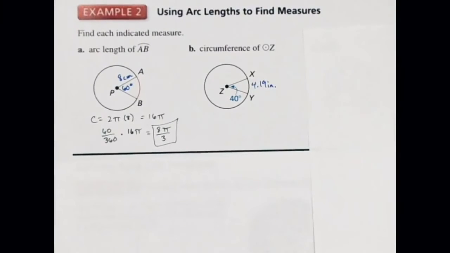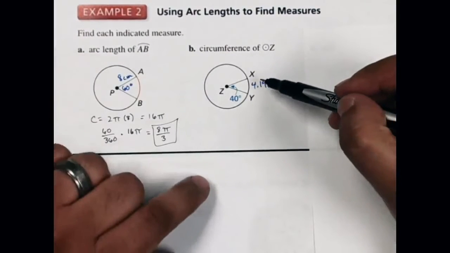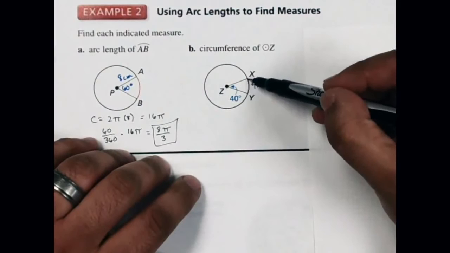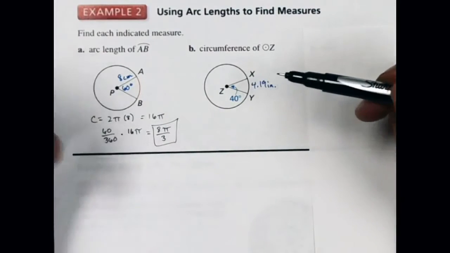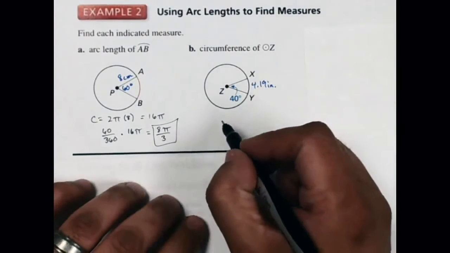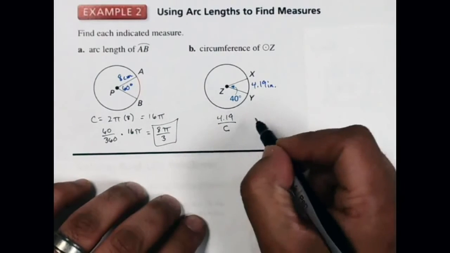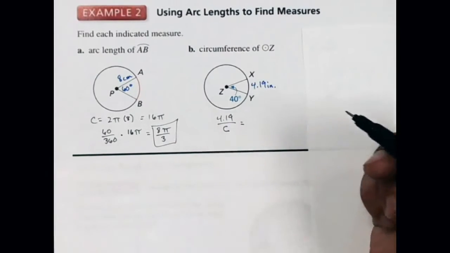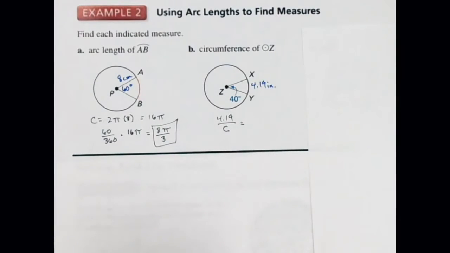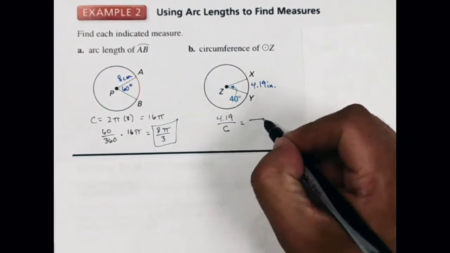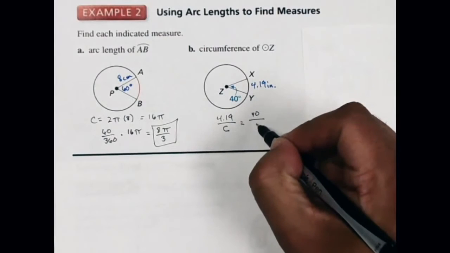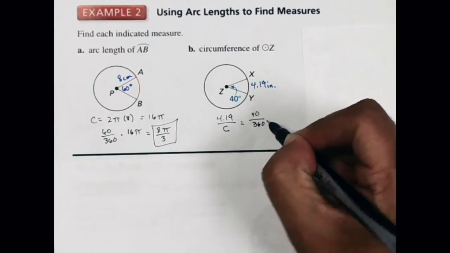Now for this next one, I want the circumference, because they gave me the length of xy. The 4.19 is part of the circumference, which is proportionate to the angle here, 40 over 360.